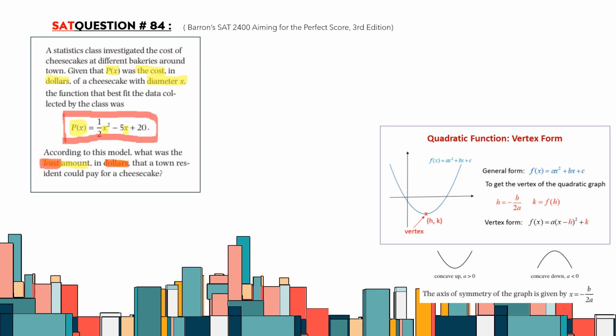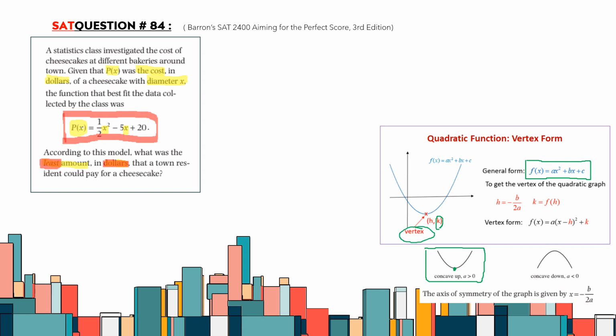Those are the keywords. To understand the problem we have to read everything, but to solve it we only need some of the information. What they ask is the minimum, and what we try to find is the K.